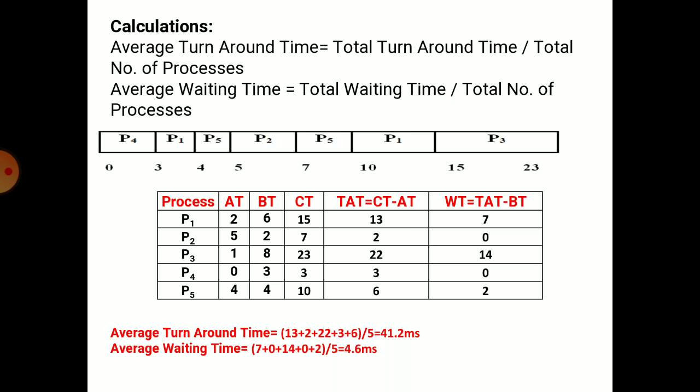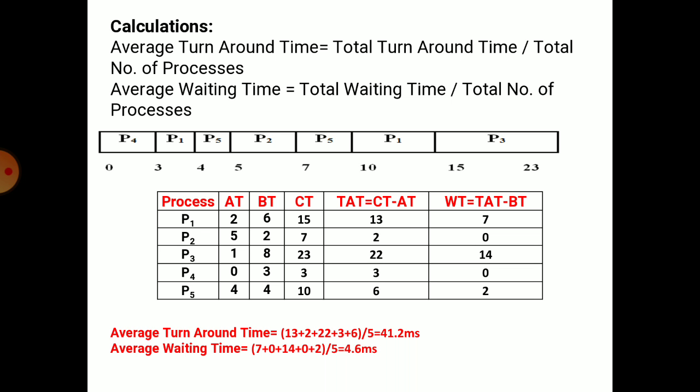Now we calculate the turnaround time: completion time minus arrival time. So we get P1 13, P2 2, P3 22, P4 3 and P5 6. After that we calculate the waiting time, which is the turnaround time minus burst time. For P1, 13 minus 6 becomes 7.